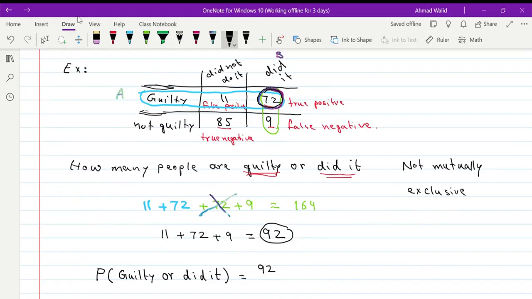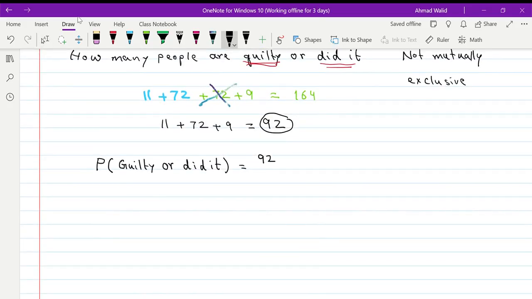Divide by the total number of people that went to court. 11 plus 72 plus 85 plus 9, which gives you 177. If you add these four numbers, it gives you 177. Because we are talking about probability, right? Then 92 over 177. If you simplify it in decimal, it gives you 0.520. Correct? It means 52%.